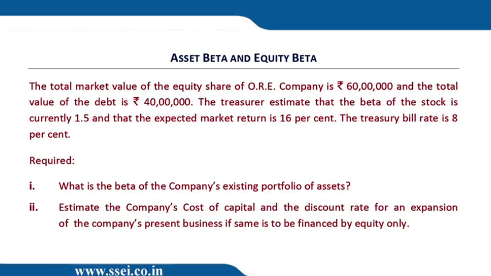So the discount rate should be the company's cost of capital, which is RF plus (RM minus RF) into asset beta. That means 8 plus (16 minus 8) into 0.9. So 8 into 0.9 plus 8 is coming to 15.2%. So 15.2% shall be the discount rate.